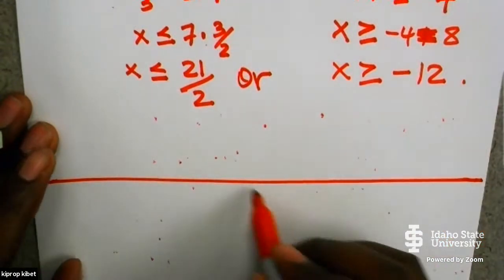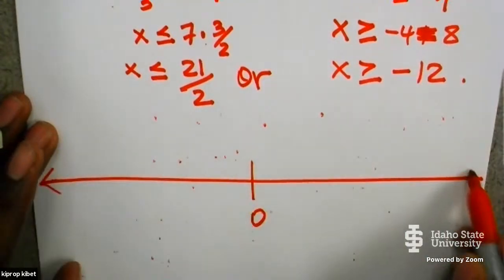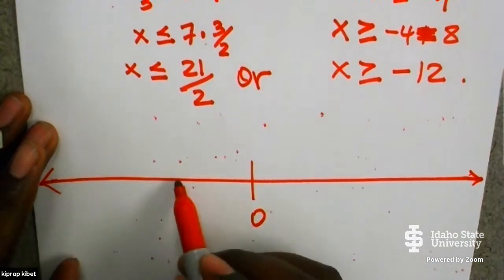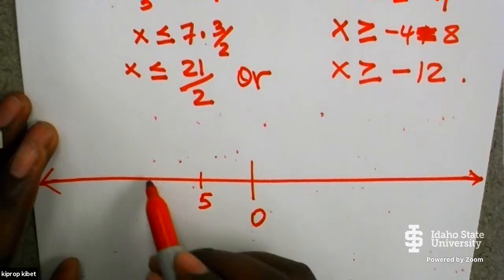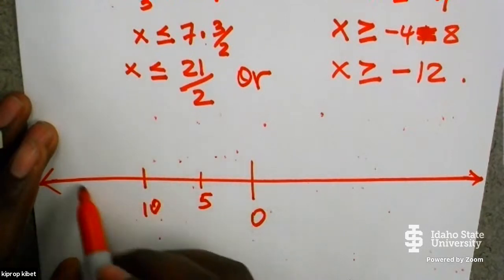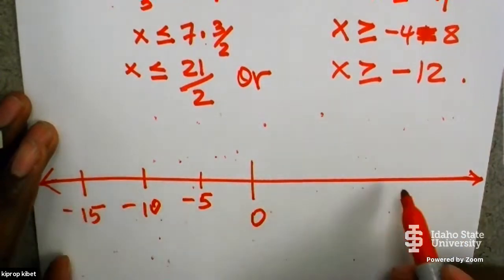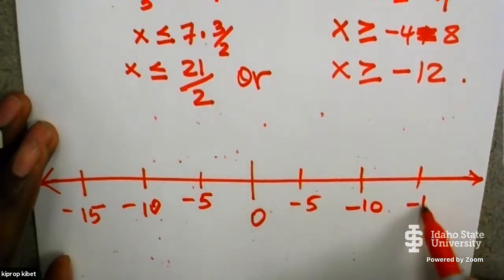So this is 0. So you can just say this is 5, this one is 10, this one is 15. Negative 5, negative 10, negative 15.